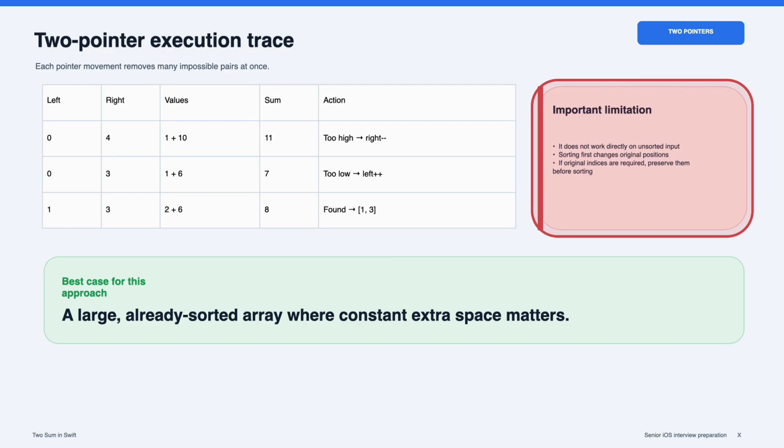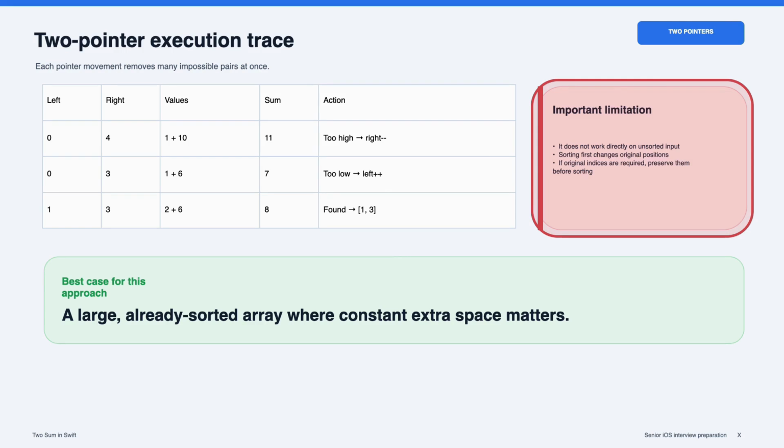For example, we could create tuples containing each value and its original index. Then we sort those tuples by value and return the stored original indices after finding a pair. That approach works, but it is more complex and may require additional memory.